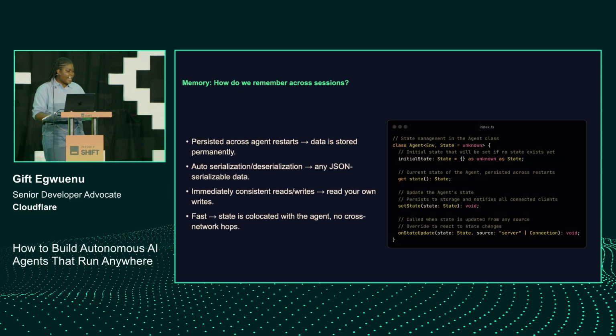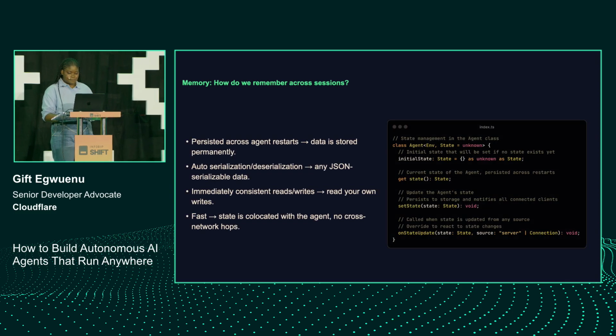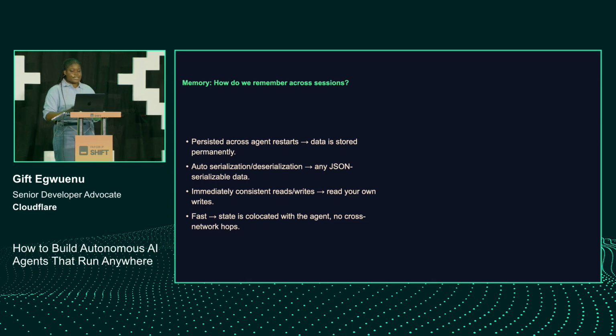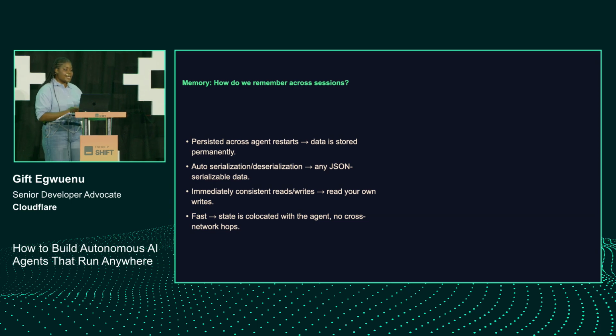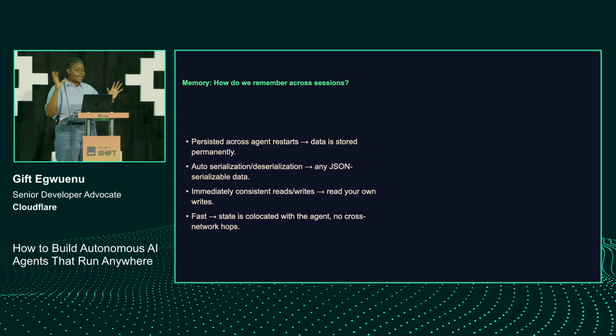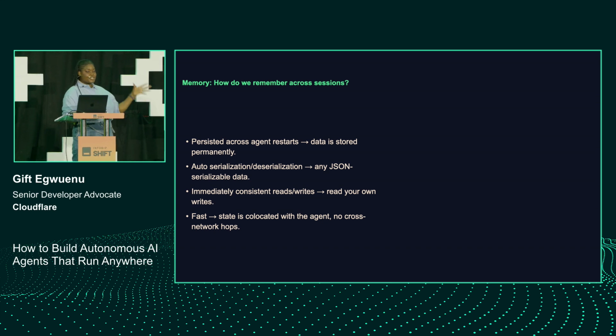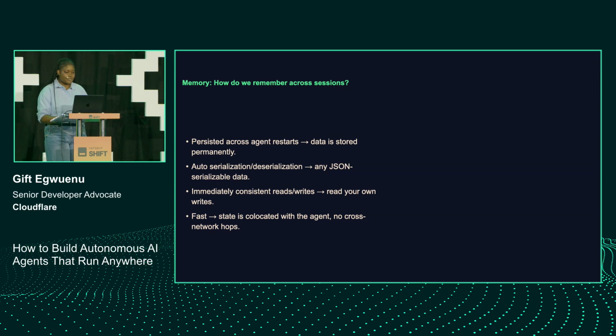So first, Cloudflare has something called state management capabilities within every agent in the agent SDK. Every agent has built-in state, and it's backed by Cloudflare Durable Objects, like I mentioned. It helps you synchronize your connections between the agent SDK and your front-end application.